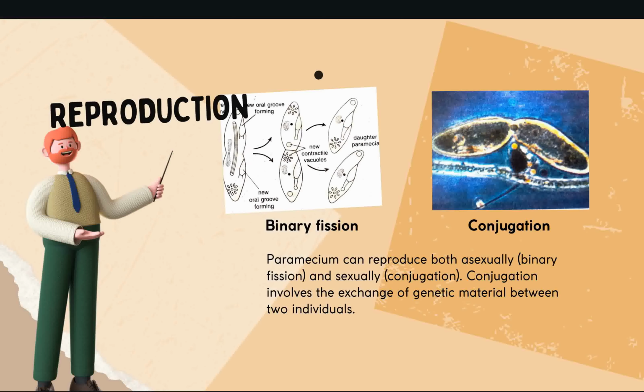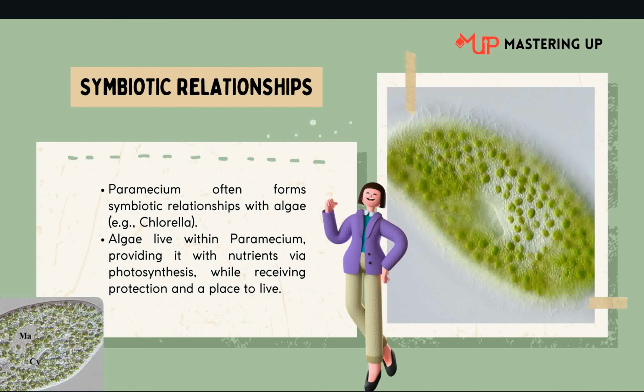Now let's see the symbiotic relationships. Paramecium often forms symbiotic relationships with algae, such as chlorella. The algae live within paramecium, providing it with nutrients via photosynthesis while receiving protection and a place to live.